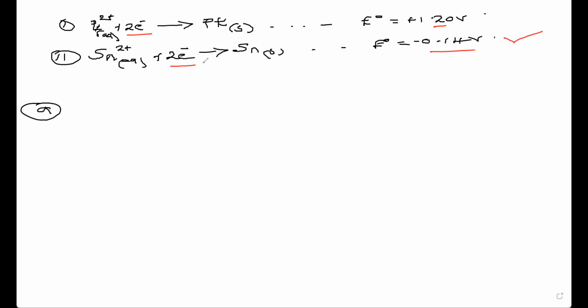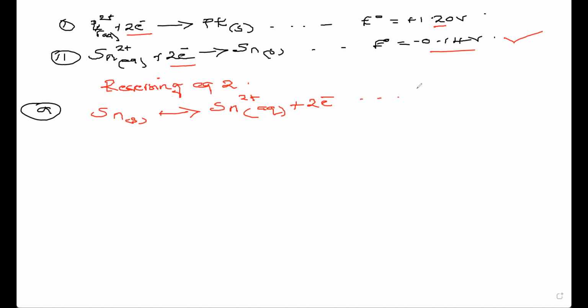What do we mean when we say reversing? We are going to swap: the products become reactants and the reactants become the products. So, reversing equation 2, you have Sn, a solid, giving you Sn2+ aqueous plus 2 electrons.